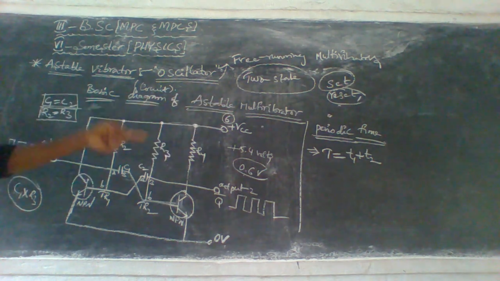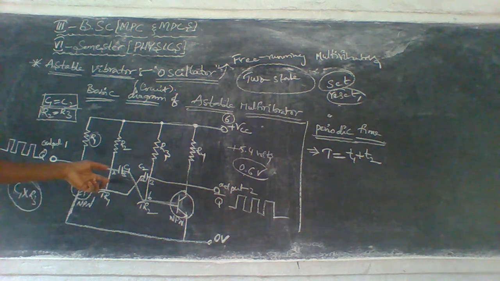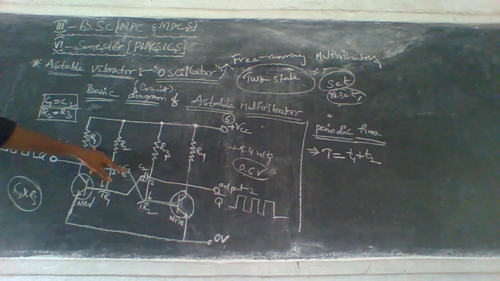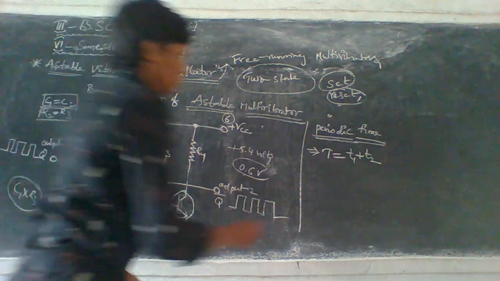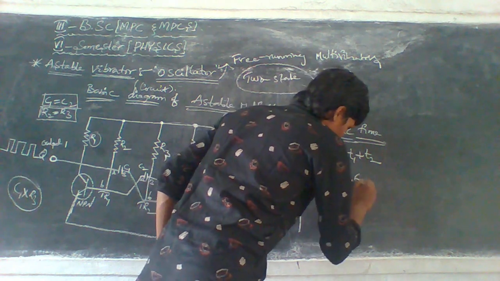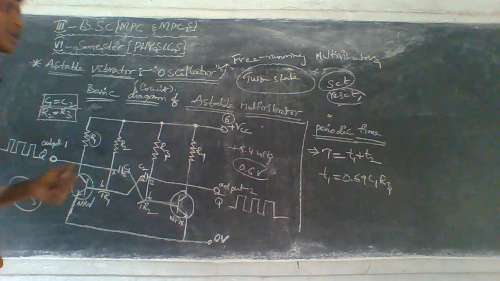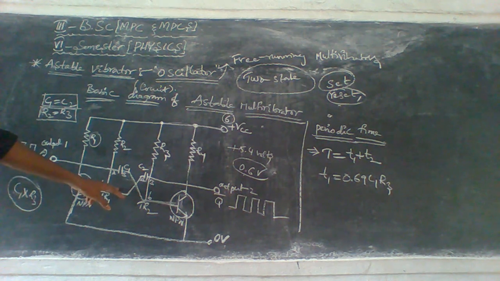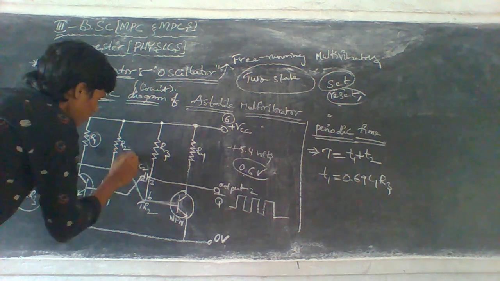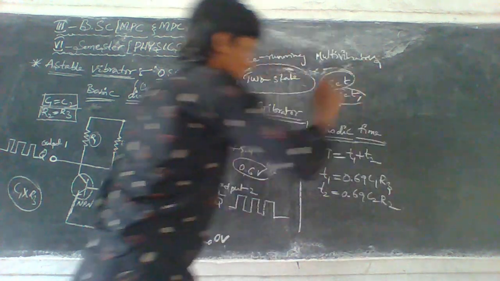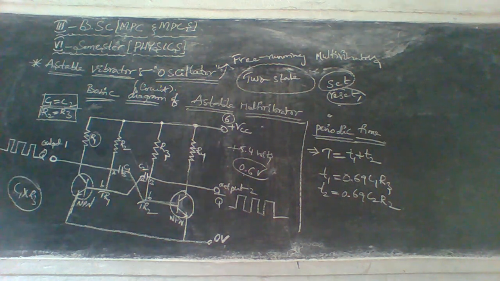Here T1 is equal to 0.69 into C1 into R3 combination, and T2 is 0.69 into C2 into R2 combination, where R is in ohms and C is in farads.